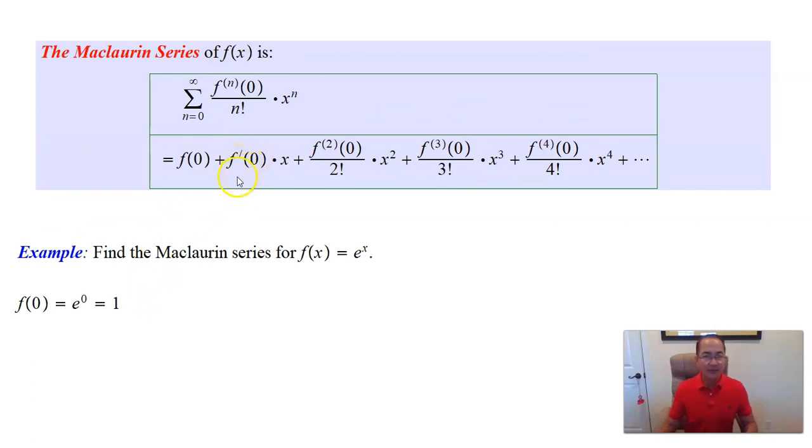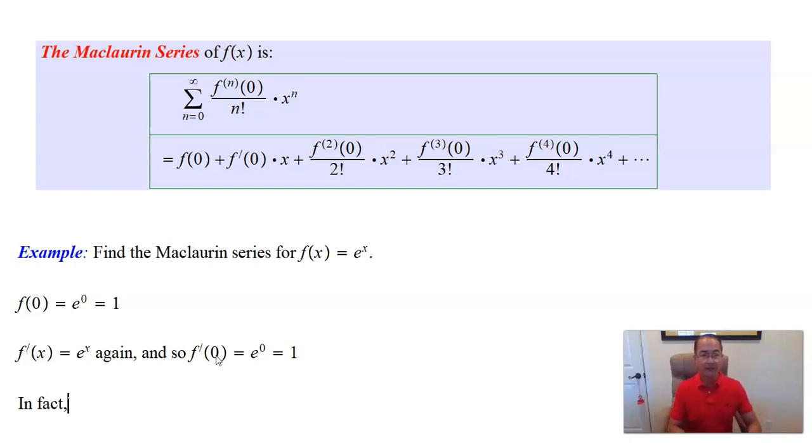So next we want f prime at 0. Okay, but wait a minute. We mentioned in the introduction that the derivative f prime of x of e to the x is again e to the x. And so f prime at 0 is again going to be e to the 0, which hasn't changed. E to the 0 is still equal to 1. Okay, so I hope you see where this is going.